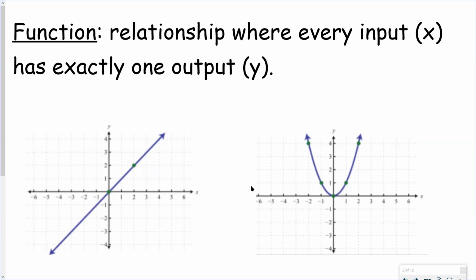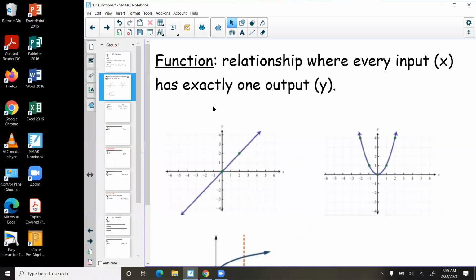Both of these graphs are a function. And how I know they are a function, they pass the vertical line test. What do I mean by that? I mean, if I take a vertical line, so I'm going to minimize this so I can create a vertical line.